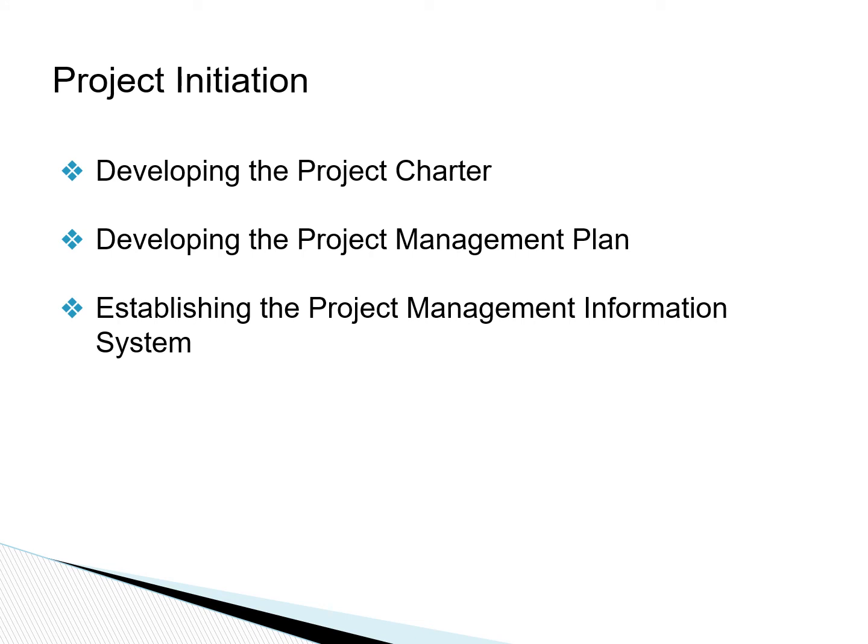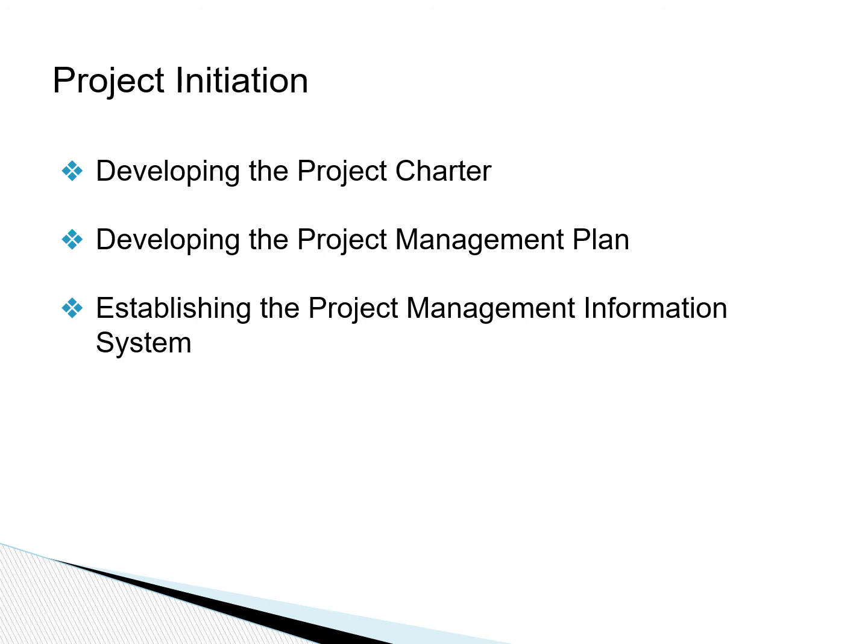After the initial analysis, if the project is selected and approved to move forward, then the project goes through the initiation phase. The initiation phase involves developing the project charter, developing project management plans, and establishing the information systems that we will be using for the project.